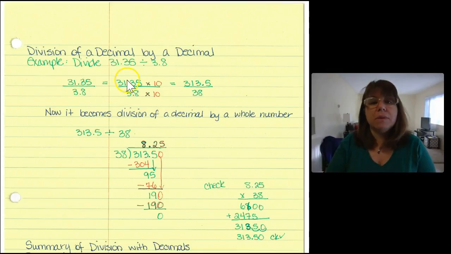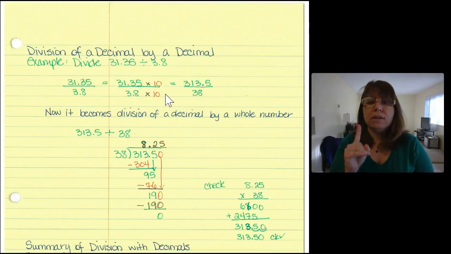And if I multiply both of these numbers by 10, well, 10 over 10 is just a 1, so I can multiply something by 1, and it won't change the solution. It might change how it looks, but it doesn't change the solution. 31.35 times 10 is going to be 313.5, and 3.8 times 10 is 38. Now, our divisor is a whole number.